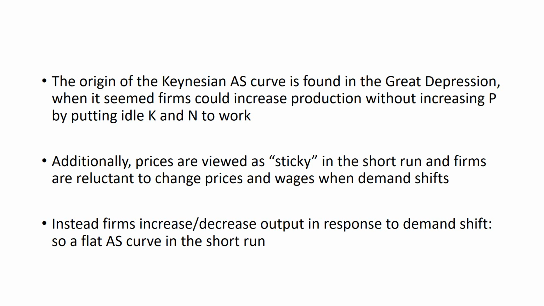We will examine in a later session some of the explicit reasons why firms might be reluctant to change prices and wages. When prices are viewed as sticky, rather than changing the price level, firms instead increase or decrease output in response to changes in aggregate demand. So essentially, here we're suggesting that the aggregate supply curve will be flat when prices are sticky.